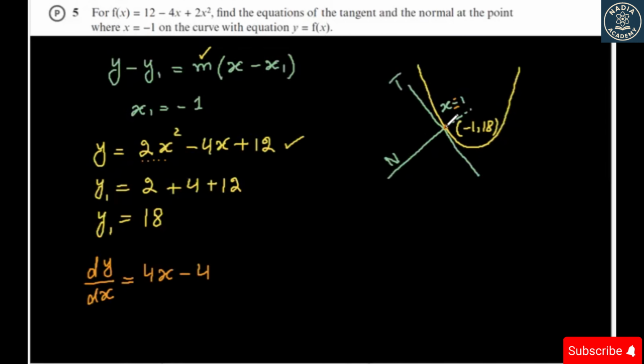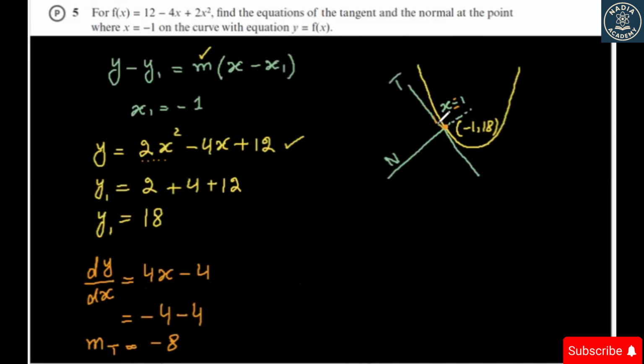So the gradient of the tangent, because it's a straight line with a constant gradient, will also be equal to 4 times -1, -4, so then we will get -4 minus 4, which is equal to -8. And that is the gradient of the tangent.